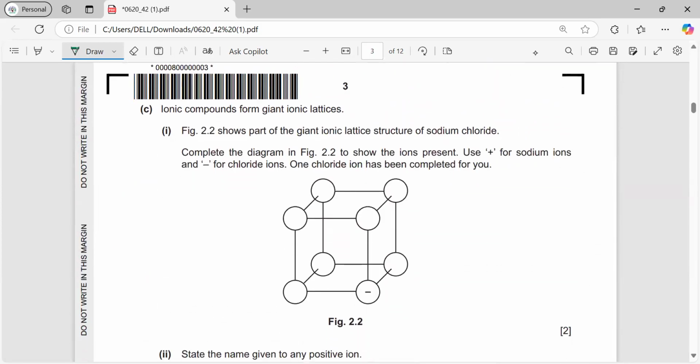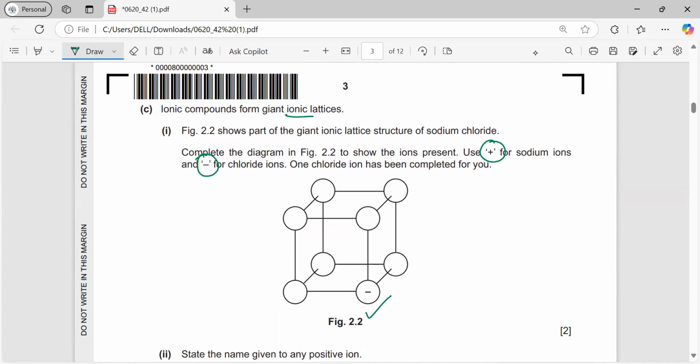The ionic compounds form giant ionic lattices. The figure shows a part of the giant ionic lattice structure of sodium chloride. Complete the diagram to show the ions present. Use positive for sodium ions and negative for chloride ions. One chloride ion has been completed for you. So this is one chloride ion which is already completed with a minus charge.